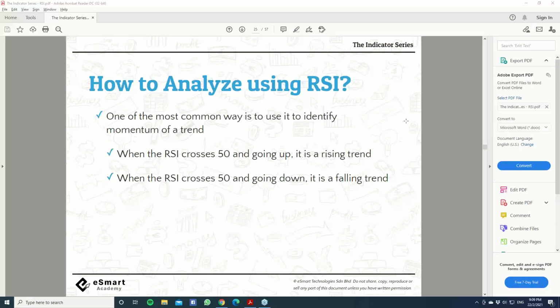Okay, so one of the most common ways to use RSI is this methodology to help you identify whether you want to focus on the upside, because if the momentum is to the upside, you focus on the upside, right? Look for buy. And if the momentum is to the downside, then you look for the sell.